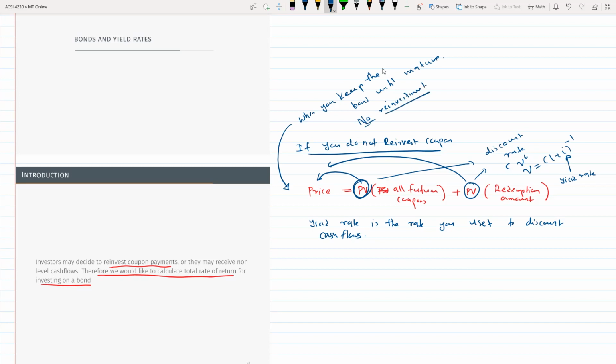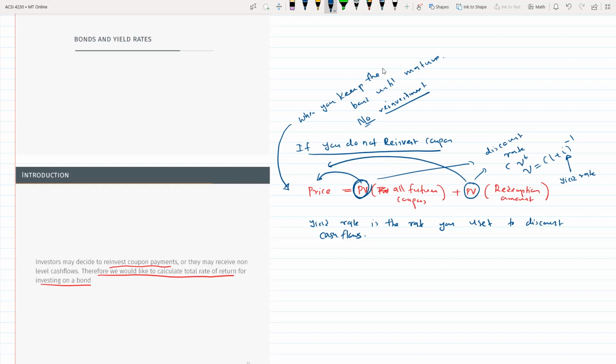Sometimes you can reinvest the future coupon. Every 6 months, let's say you get $100, and then you can deposit it into your bank, or you can invest that $100 somewhere else. So then you need to know what the real rate of return on this investment is.